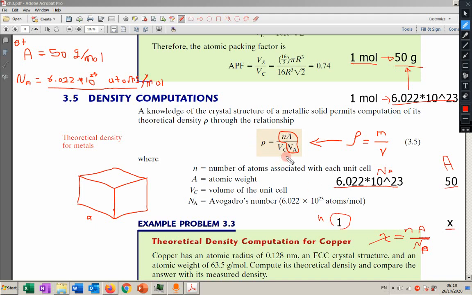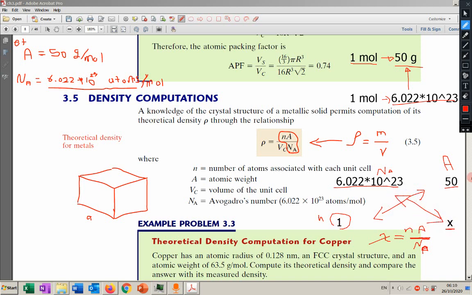We'll directly use the equation there, but you have to know where this equation came from. The base is still mass over volume, because when you say density, it is still mass over volume. So the mass of atoms here, this is the part, N, the number of atoms, times, because here you do the same calculation, and you're going to get X.